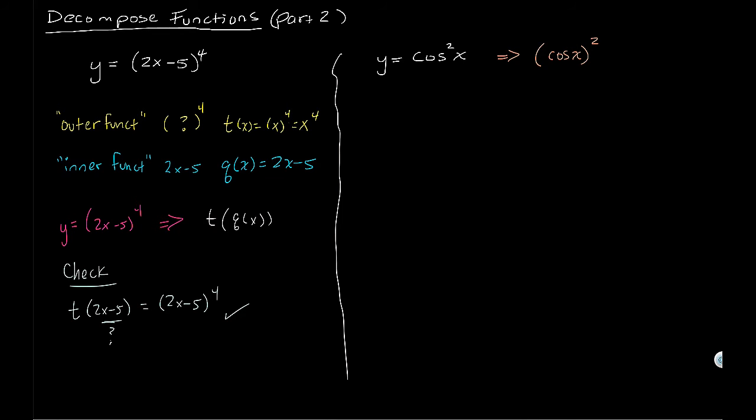Now, you might be thinking, well, Stevenson, why would I want to know that? How does that help me? Well, look at what just happened. Hopefully you can now see what your outer and inner functions are. Go ahead and pause the video at this point and see if you can figure it out before I write it down and show you.